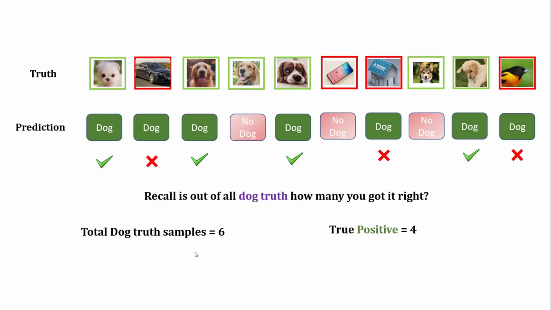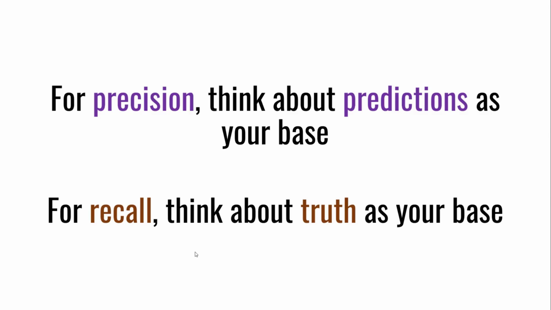You had a total of 6 dog samples, and out of that, you got 4 right, hence 4 divided by 6, 0.67, is your recall. Here's my truth, and in my truth I have 6 dog samples. Out of that, how many are we able to predict correctly? So precision and recall have a subtle difference: when you're thinking about precision, always think about predictions as your baseline. When you're thinking about recall, think about truth as your base.